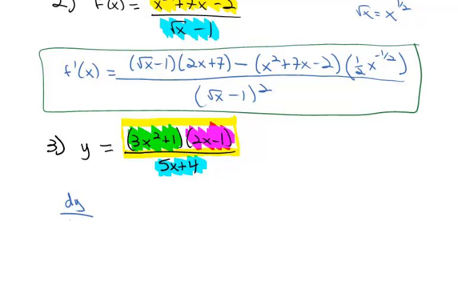So, dy dx is equal to low. The low is 5x plus 4. D high, the derivative of the top. Now the top is a product.